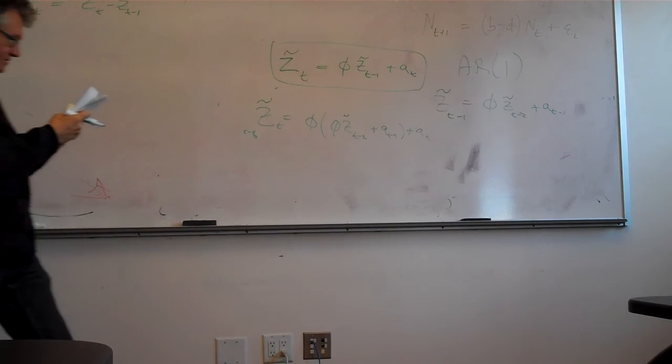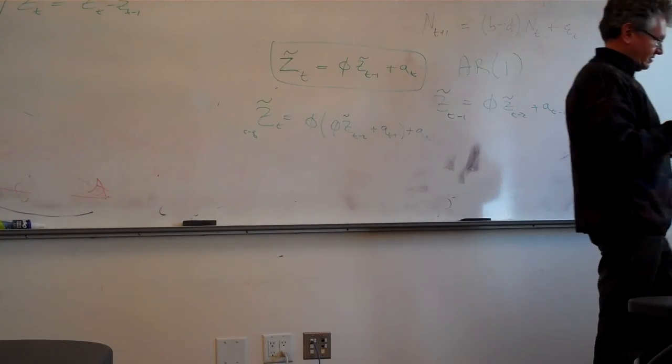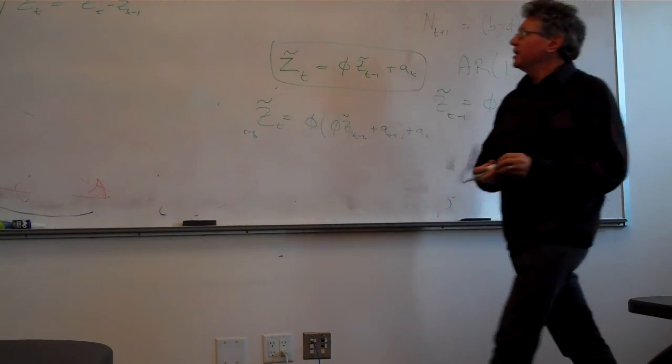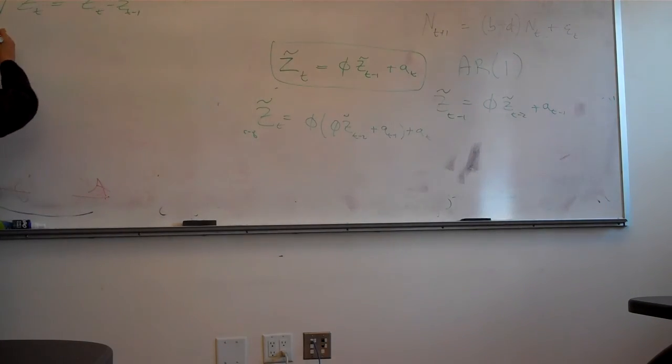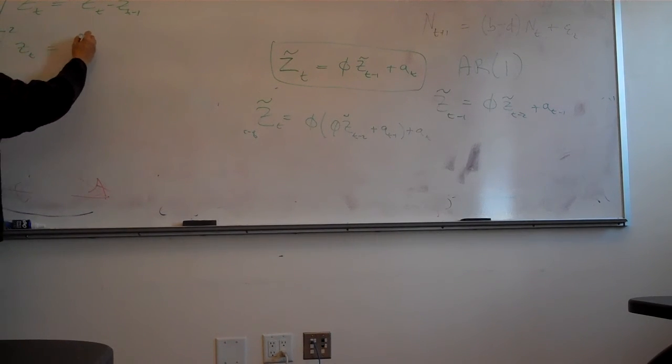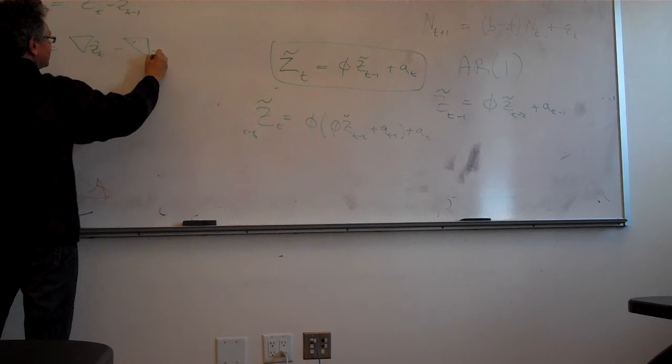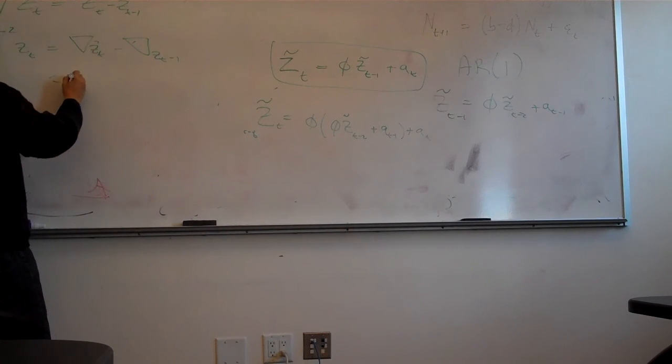And then the typical notation is del squared of Zt, which is going to be del Zt minus del Zt minus 1.